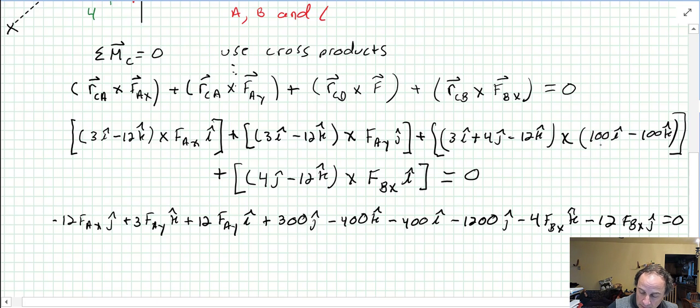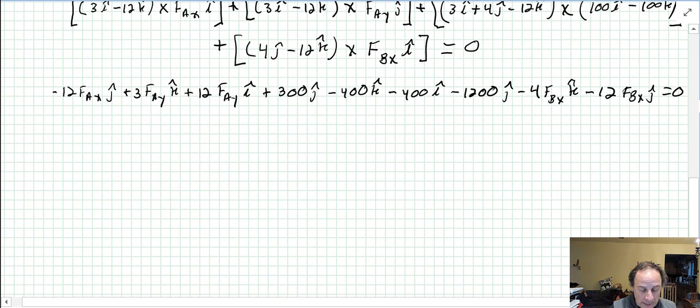All right, now what you do with that mess is you make 3 equations out of it. You're going to gather the i, the j, and the k components, each of those together. So you've got 12 FAY minus 400.